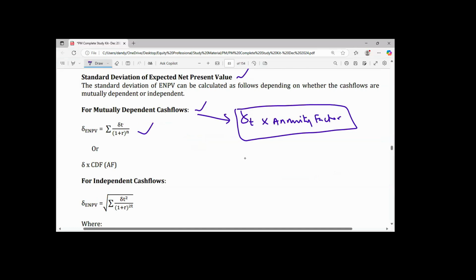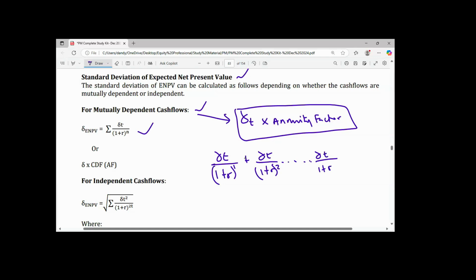That means you say standard deviation divided by 1 plus r raised to power, the discount factor of year 1, plus the standard deviation multiplied by the discount factor of year 2. You continue like that until you get to the final year, then you add everything together. It's a waste of time.